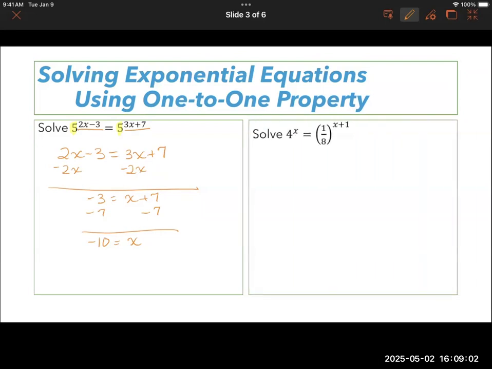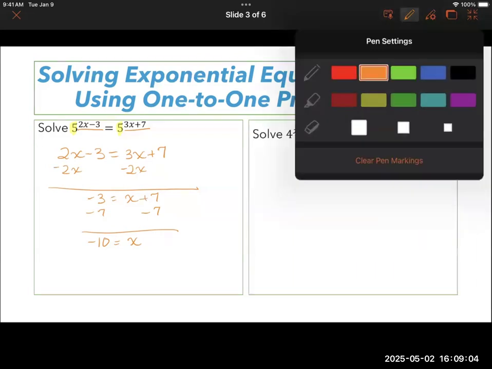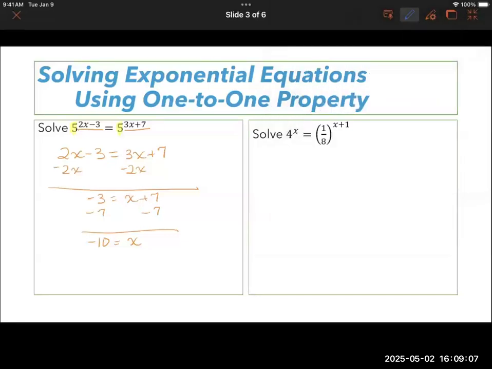Now let's take a look at another example. Here we're looking at 4 to the x power being equal to 1/8 to the x plus 1. On initial inspection, it looks like we do not have the same base in each of our exponential expressions on each side of the equation. However, both 4 and 1/8 can be rewritten as base 2 expressions.